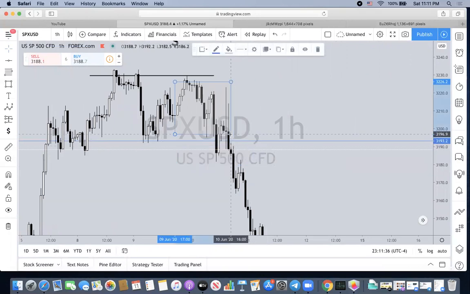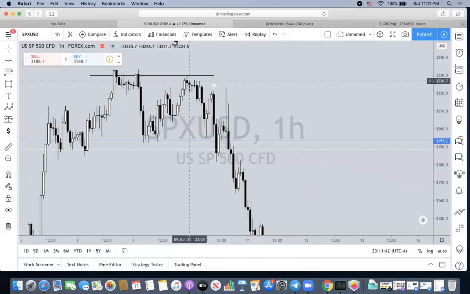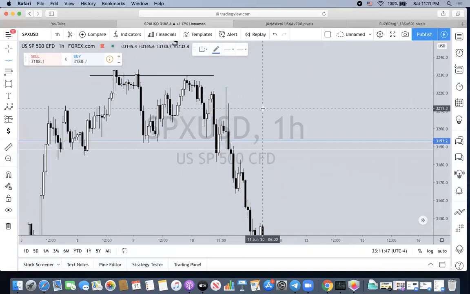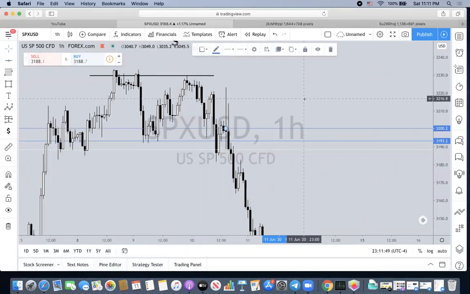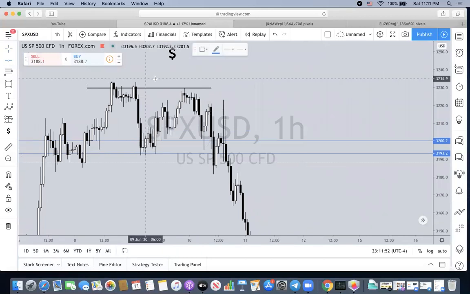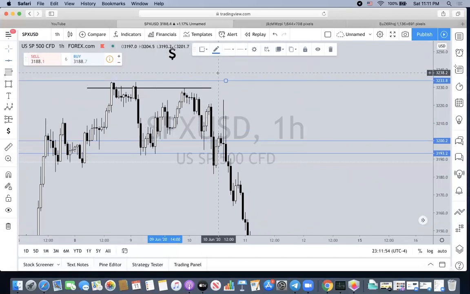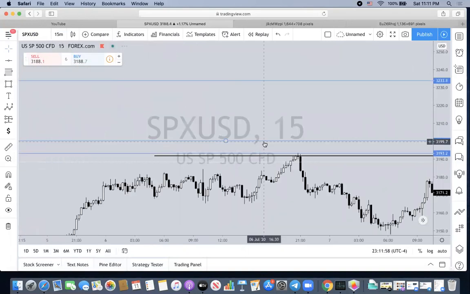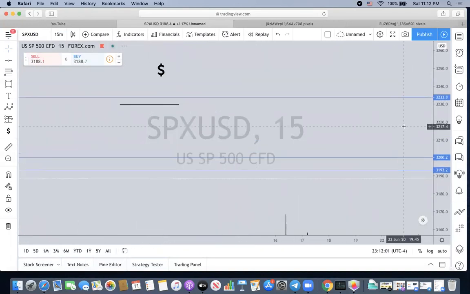Why? Because look at these retracement wicks. Right? Nothing has left an imbalance. So again, my focus kind of is 3,200. Again, if I were to take something there, stops are up here and it's probably just too much. So maybe it's not as clean as I'm remembering it. Let's just go peep it on a 15.